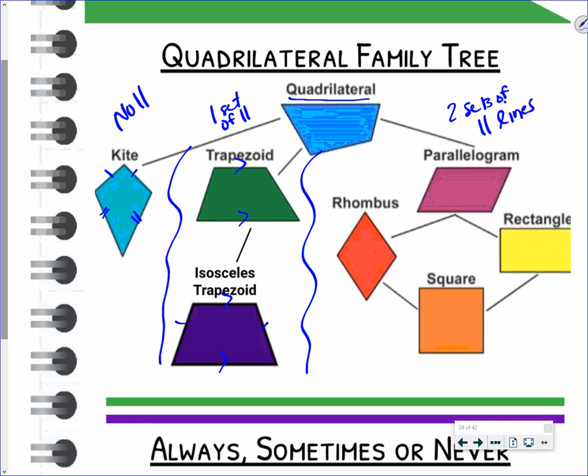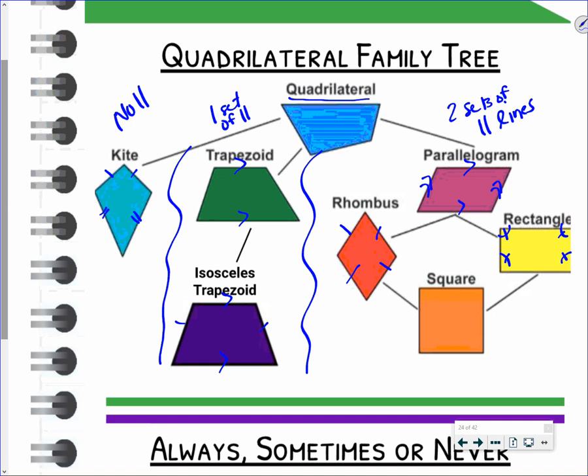Right? Then when we looked at those parallelograms, we talked about how we had our 2 sets of parallel sides. That rhombus took that parallelogram and made all the sides congruent. The rectangle made all the angles congruent.